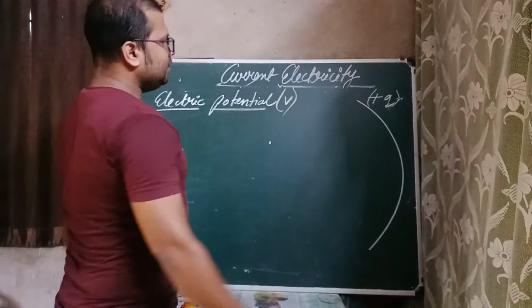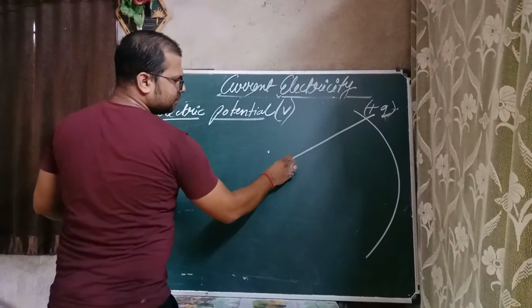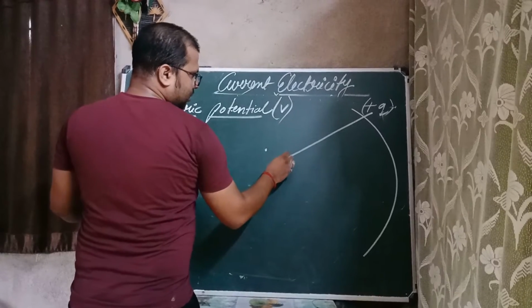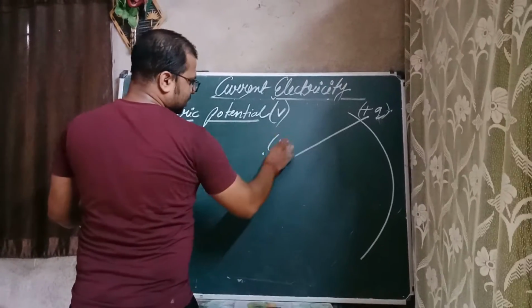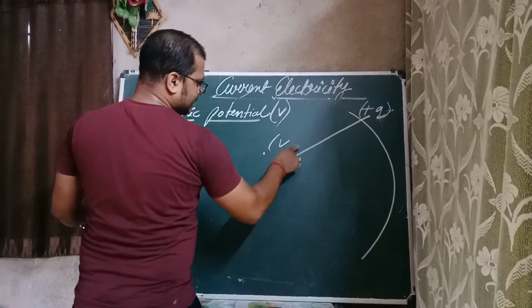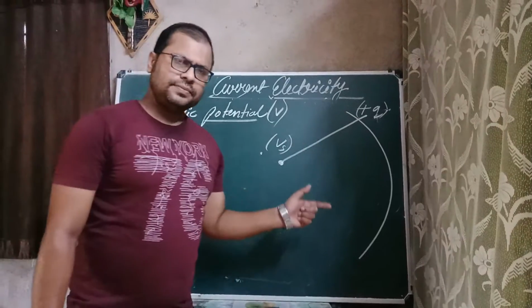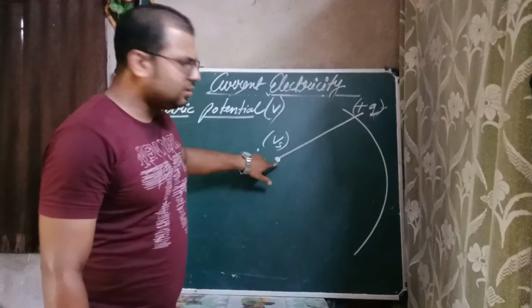And from this infinite point, I am bringing the charge to this point. Suppose it's my home, and electric potential is represented by V. So it's my house, and as my name is Sanjeev, I can write this Vs. What I have done is brought this charge from an infinite point to this point.